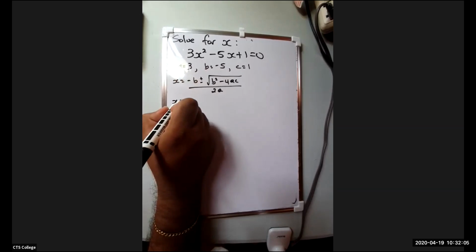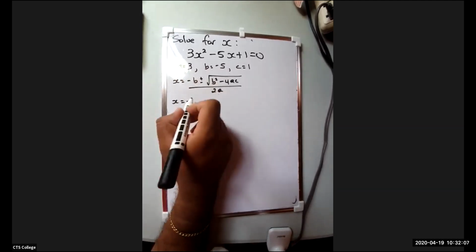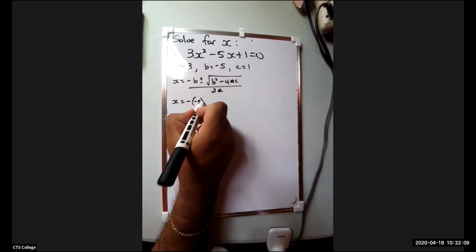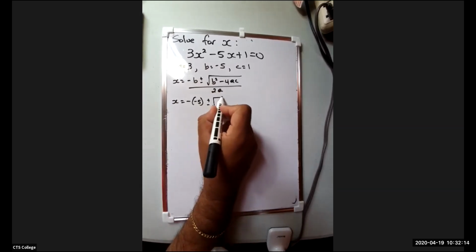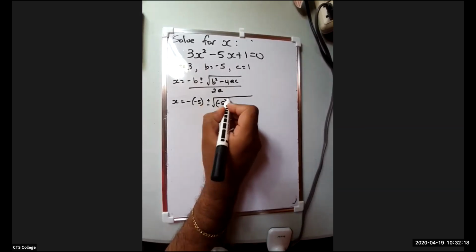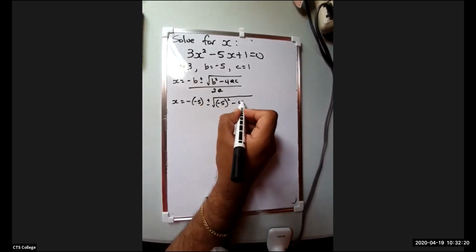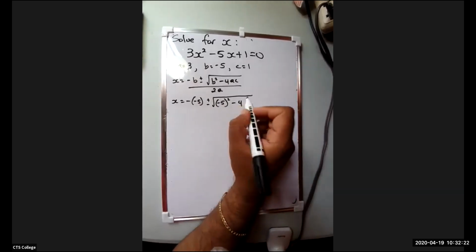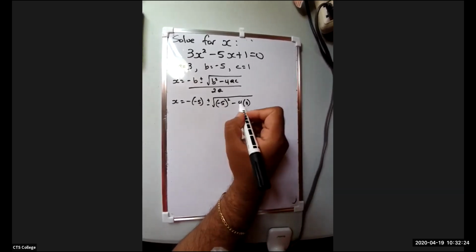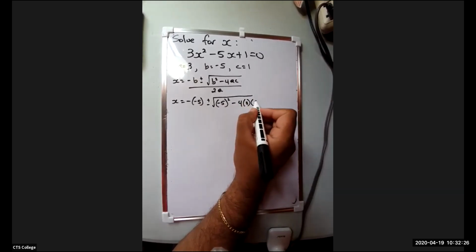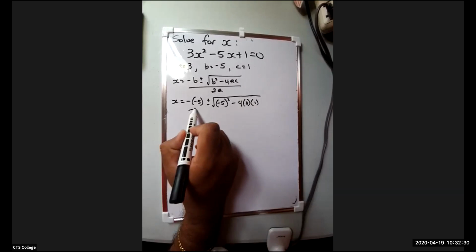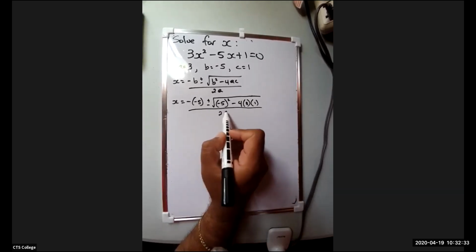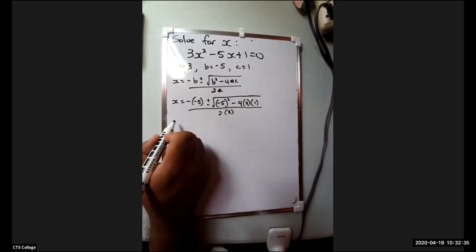So x equals minus b, which is -5, so minus -5 plus or minus the square root of b, which is -5, squared minus 4a, which is 3, c, which is 1, and of course all over 2a, which is 3.